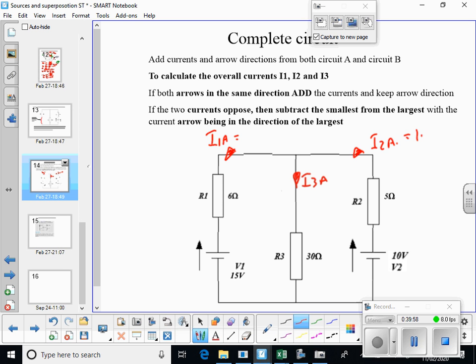So 0.25, this was 0.28, and this was 1.46.